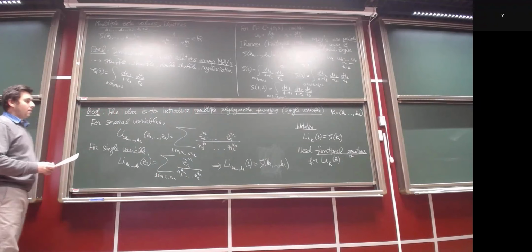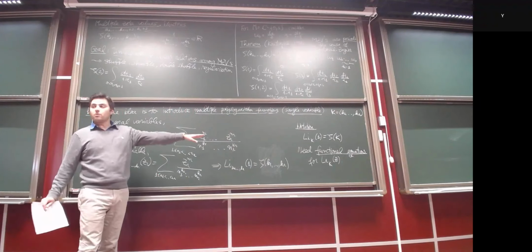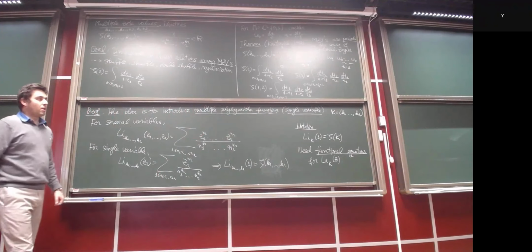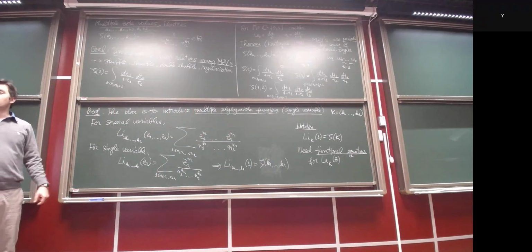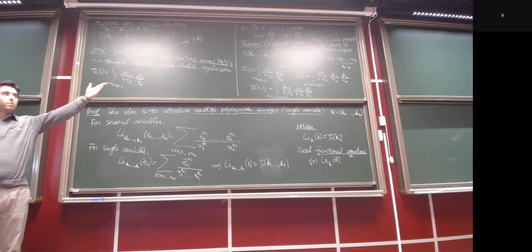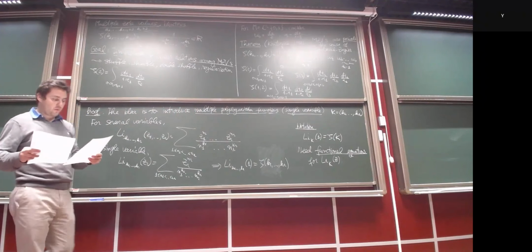So what we're going to do is the following. I'm going to find the integral representation of the polylogarithm of a single variable, and then the limiting case of z goes to 1 would recover exactly the multiple zeta value. So that's exactly what we're going to do.